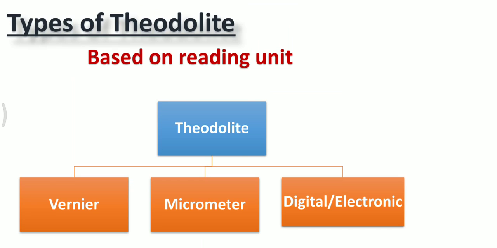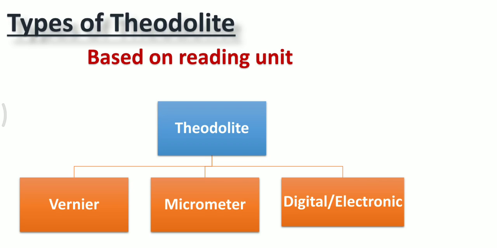So this theodolite is called a vernier theodolite. If it is a transit theodolite, it is called a vernier transit theodolite. If it is a non-transit theodolite, it is called a non-transit vernier theodolite.